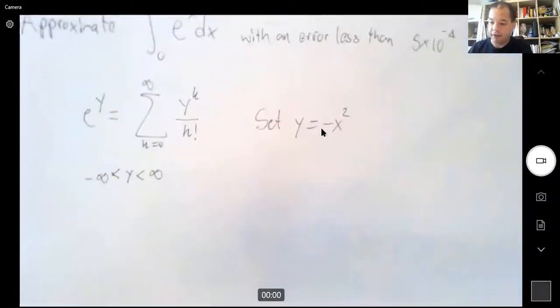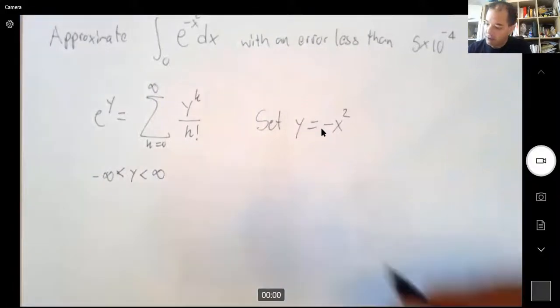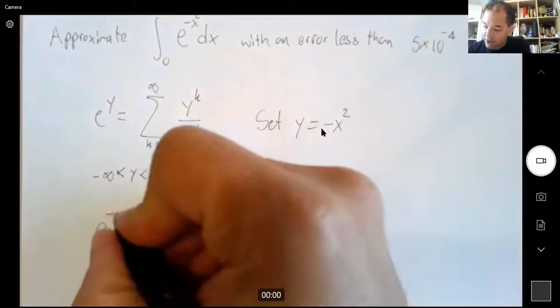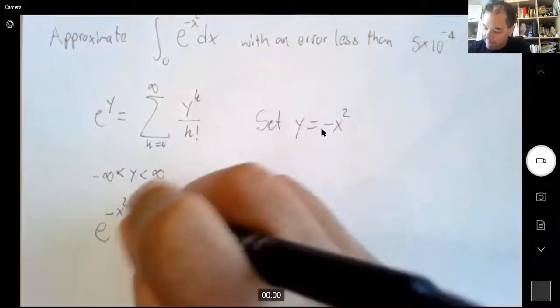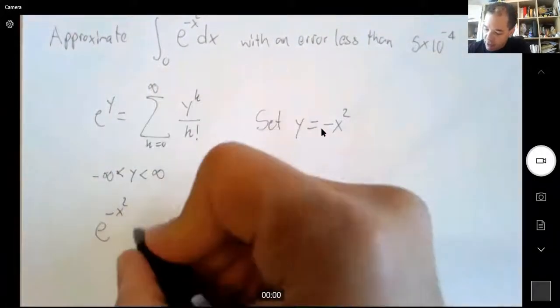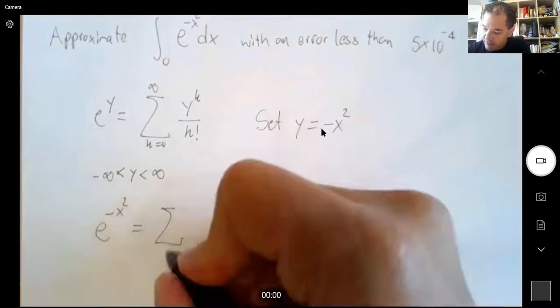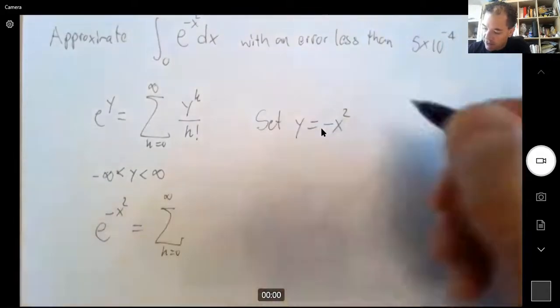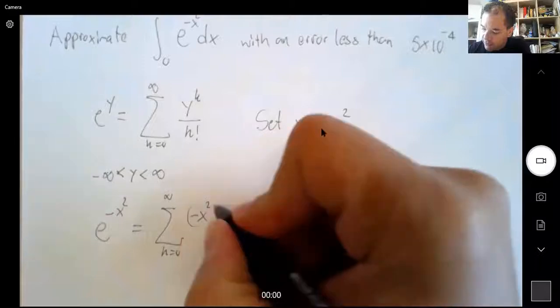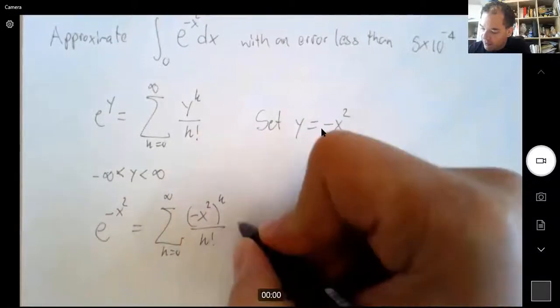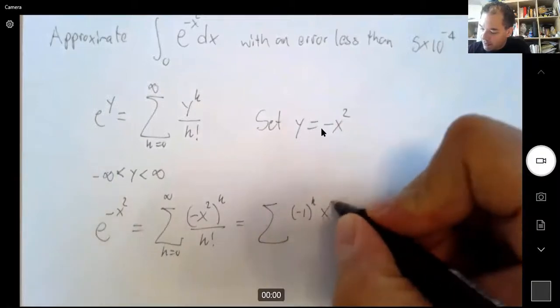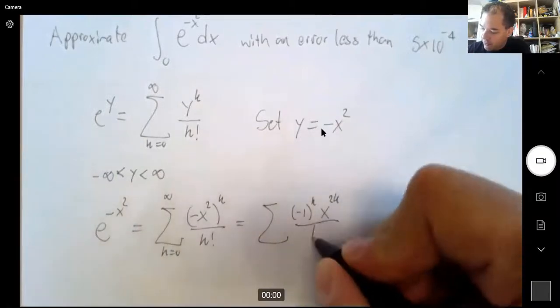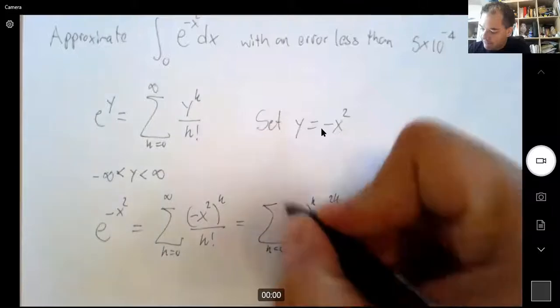Then e to the negative x squared is the series from k equals 0 to infinity of negative x squared to the k over k factorial, which we can rewrite as negative 1 to the k, x to the power 2k, over k factorial.